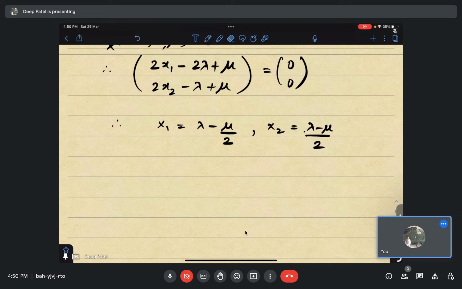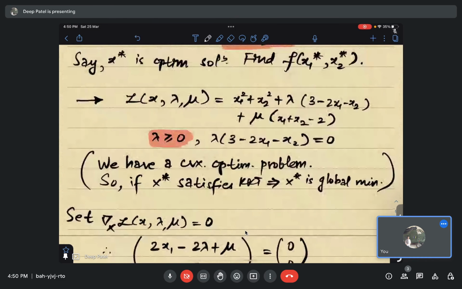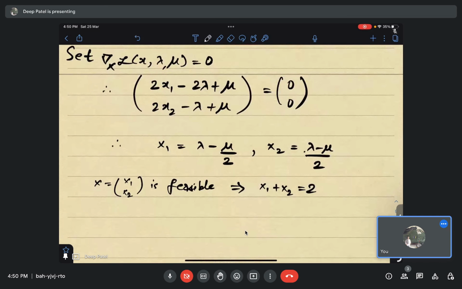So x1, x2 is feasible. This implies x1 plus x2 is 2, right? So what can we say? Lambda minus mu plus lambda by 2 equals 2. Anything else you can say?